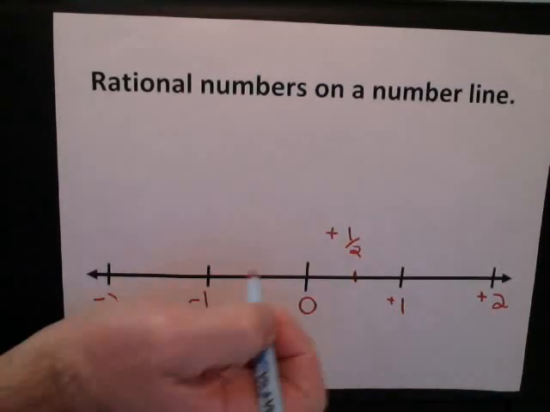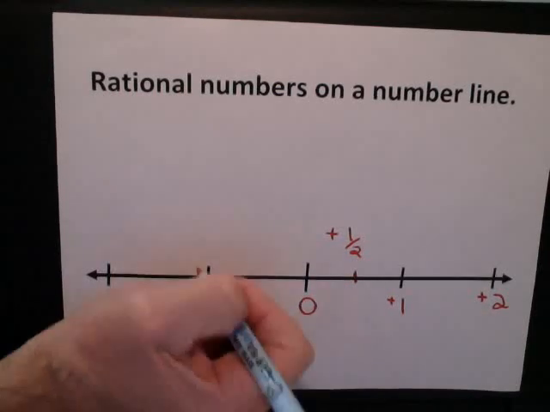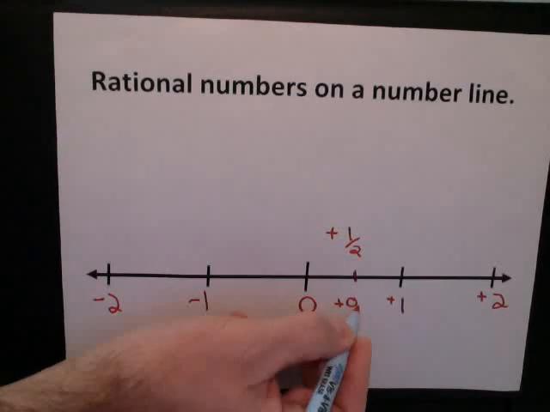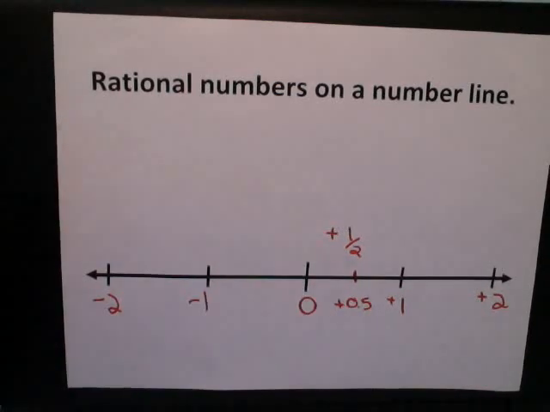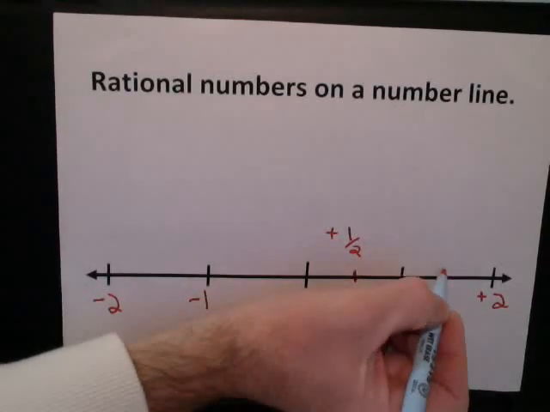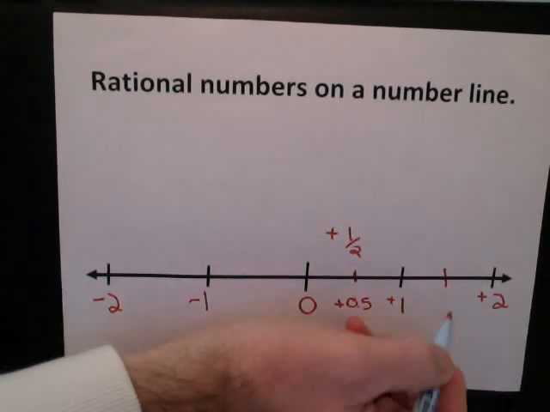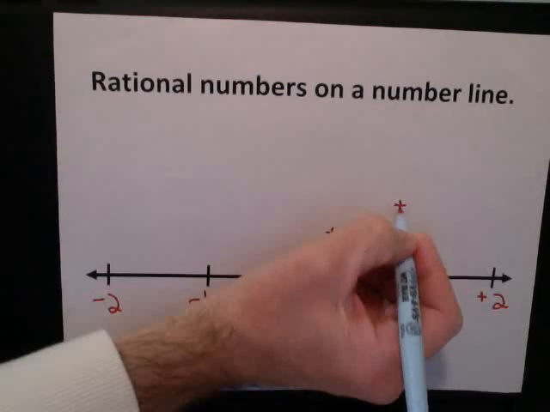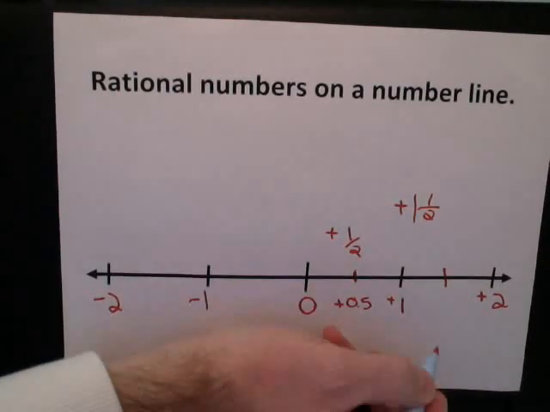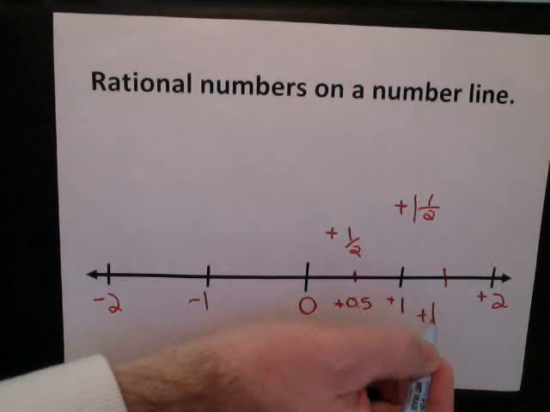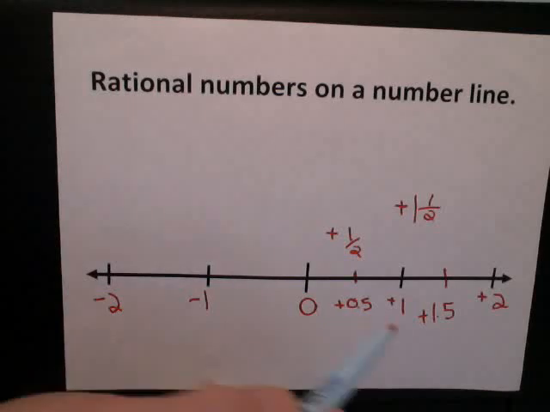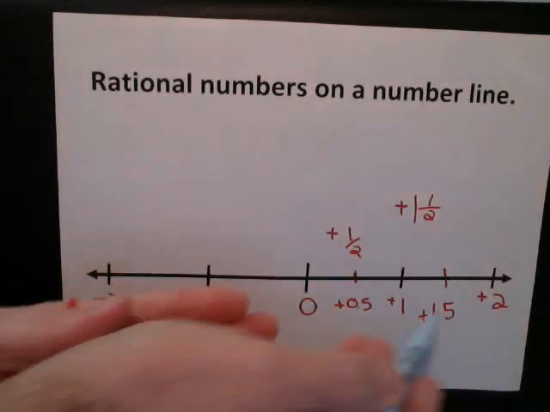So that would be a positive half. Or if you wrote it as a decimal, it would be a positive 5/10. And then, of course, you could have right there, that point, which would be a mixed number, a positive 1.5. So that's the positive rational numbers.